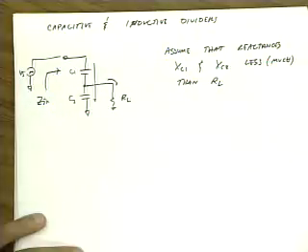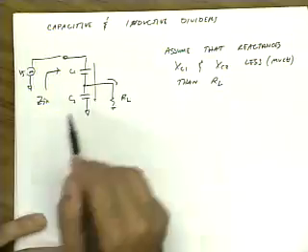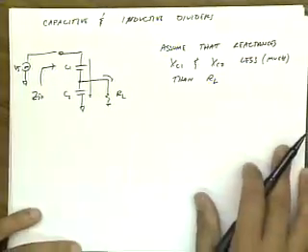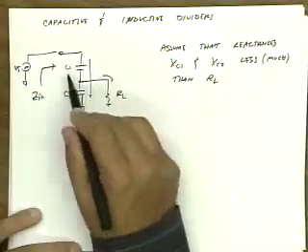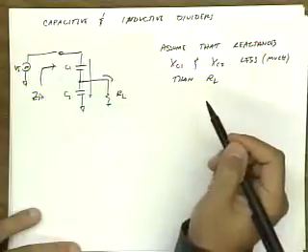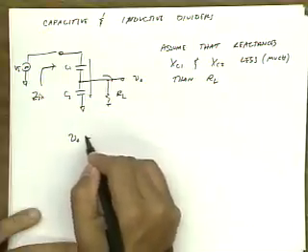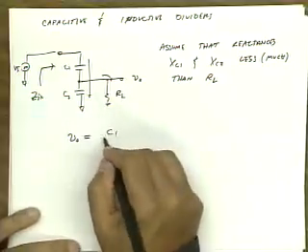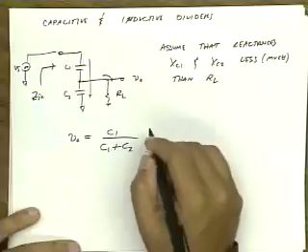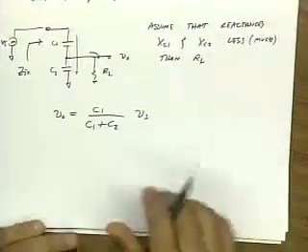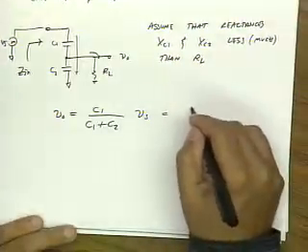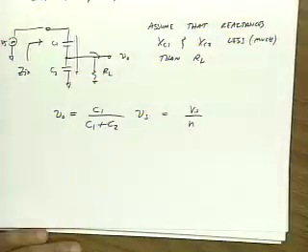Some small part of it will go through here, but just to make the analysis very simple, let's neglect that. Well, if that's the case, then this is simply a capacitive voltage divider, right? So if I call this Vout, Vout is equal to C1 over C1 plus C2 times Vs, right? And I can say that this is Vs over N.